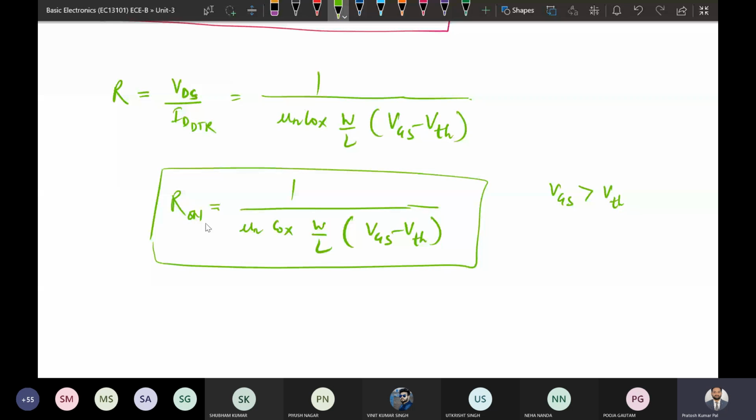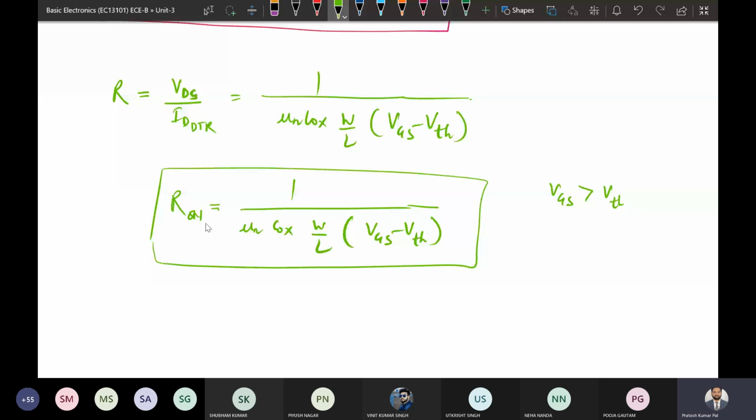These are fabrication parameters, also called process parameters, decided when the device is fabricated. Cox, the oxide capacitance, is based on the oxide thickness, dependent on fabrication.